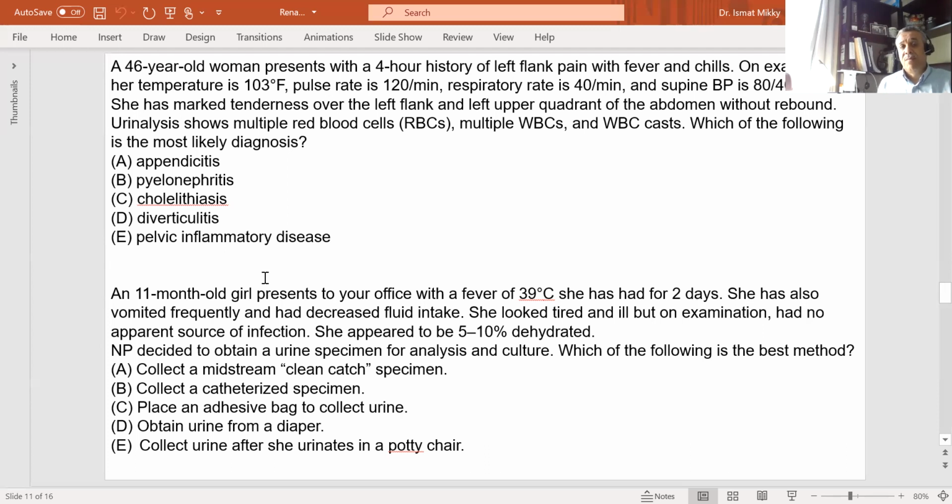Urine specimen for UA, culture, and sensitivity. And catheterization is the most reliable method among all the methods of urine specimen collection when it comes to obtaining a sterile specimen.